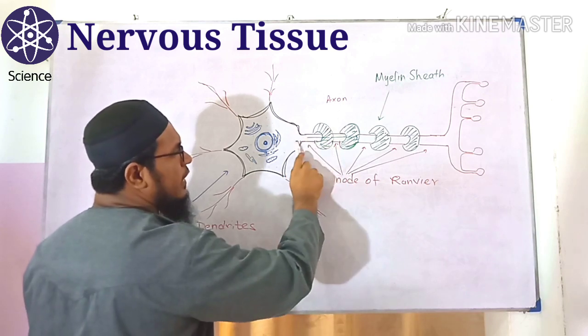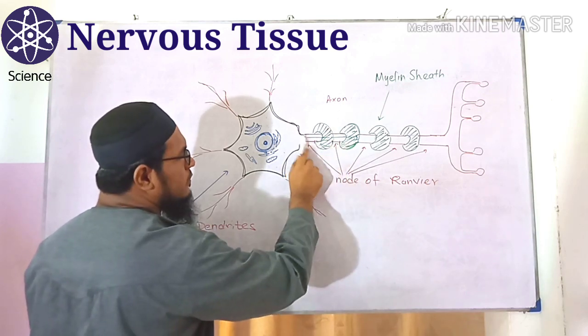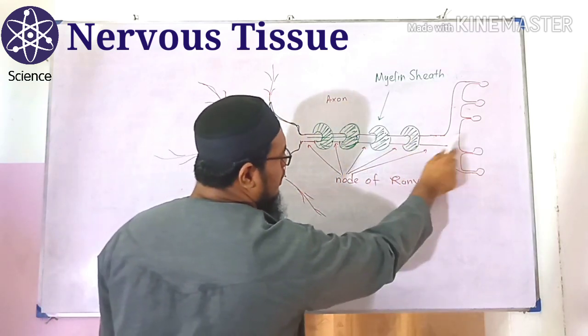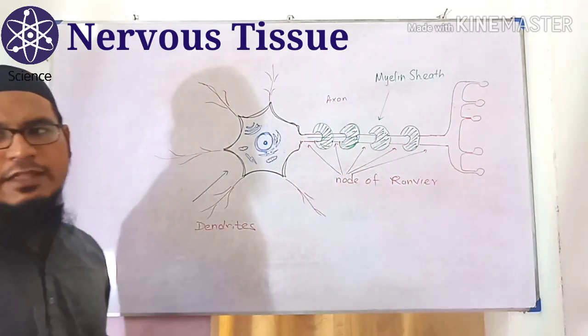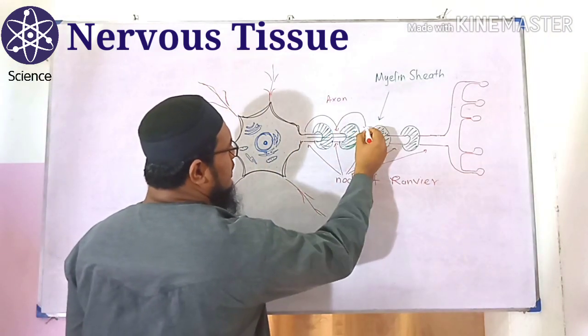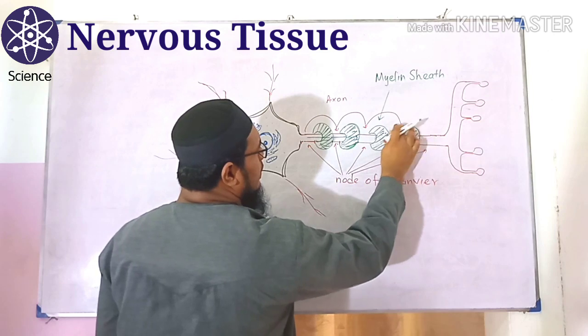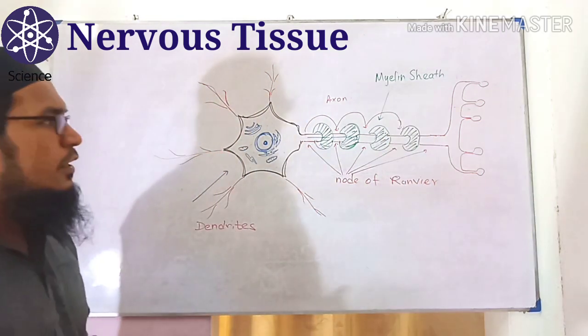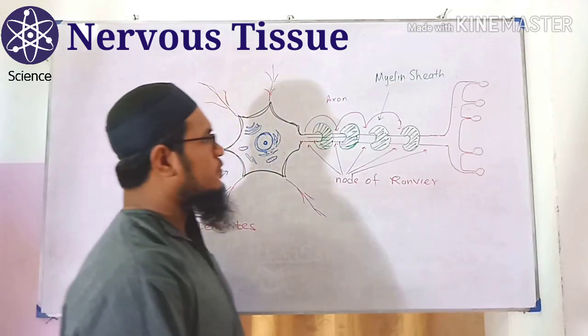There is a block here, therefore the impulse jumps. So impulses travel in that way. Due to the jumping of impulses from one place to the other, the speed of the transmission is increased. It is highly increased.